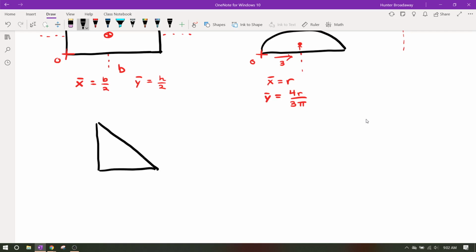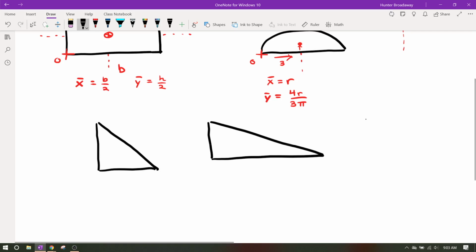Now, some people would argue that you could take a line of symmetry and cut it in half down the middle, but I would say that's not a good idea because this is going to work for any right triangle. So if your triangle looks like this, you can't cut it in half down the middle. That's not going to work the same way. If one of the legs is really, really long, that's not going to work out. It might work for isosceles right triangles, but it doesn't work in all right triangles.